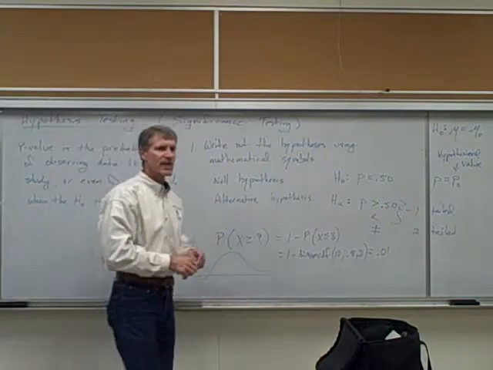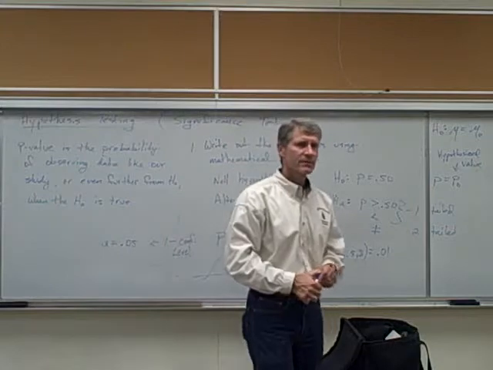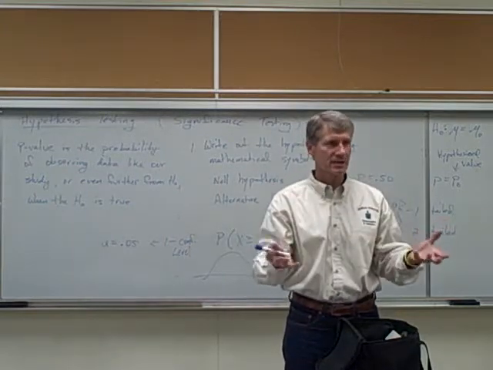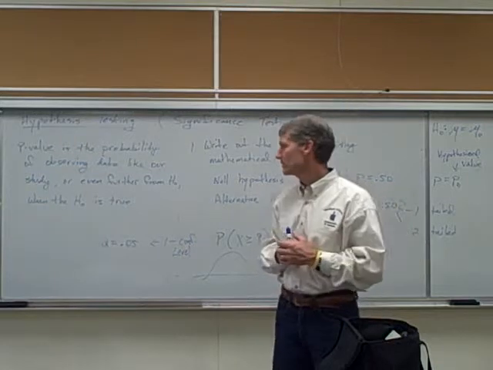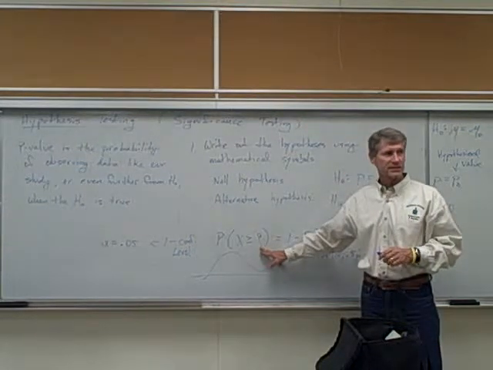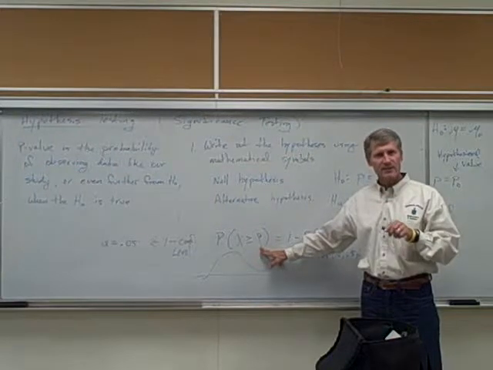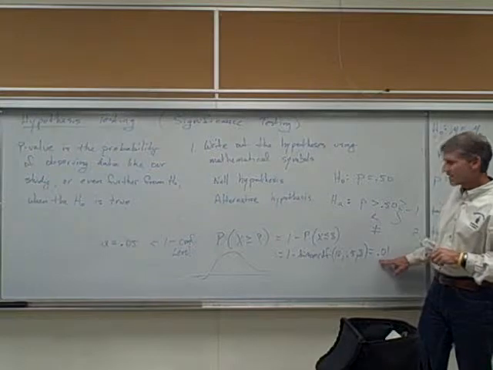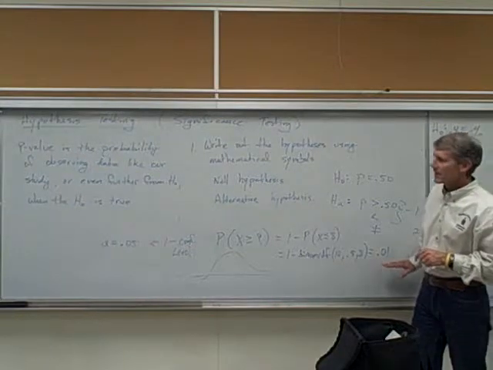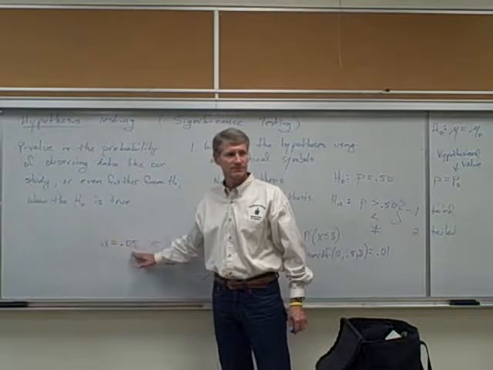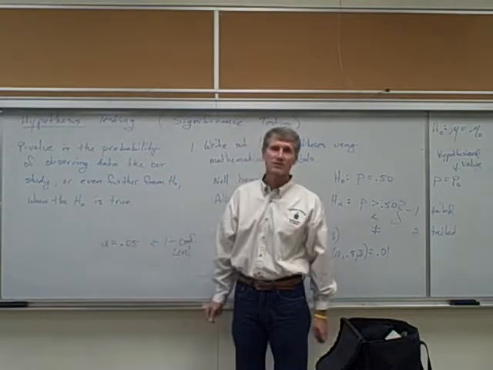So if you really don't have ESP, what's the probability of getting data like you got, or even further from the null? So if somebody had gotten data of 9 guesses, 9 corrects out of 10 guesses, then the p-value would be 0.01.